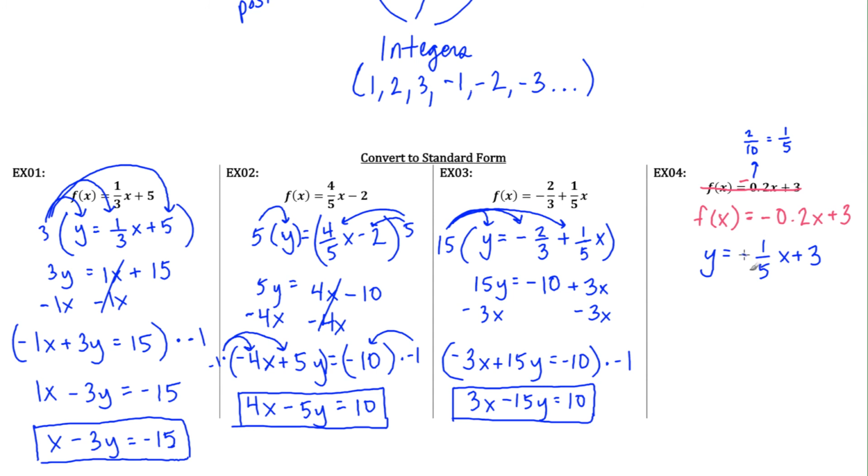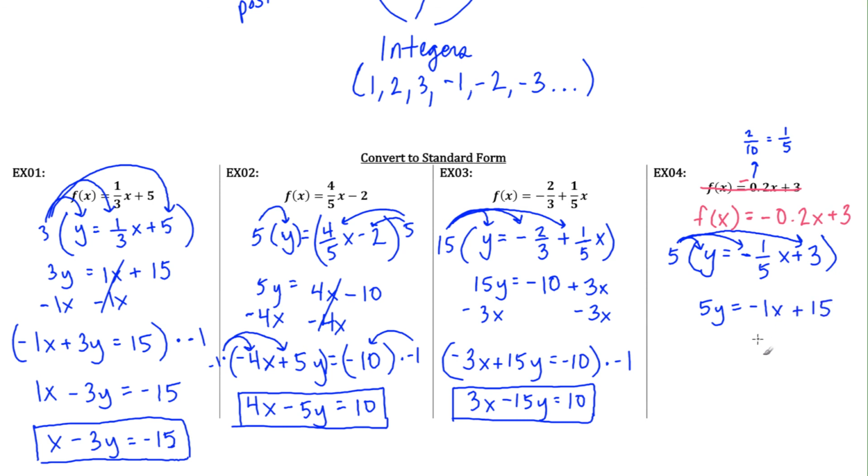And let's multiply everything by 5. So 5 times y is 5y. A positive times a negative is a negative. So 5 times 1 is 5, divided by 5 is 1. And then we have this last one right here. Positive times positive is a positive. 5 times 3 is 15.